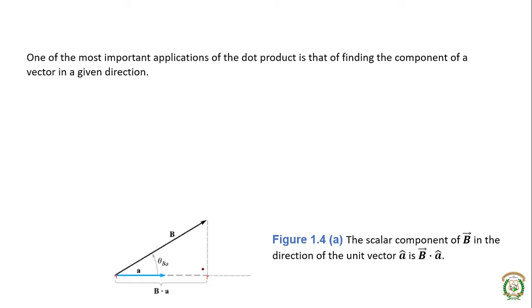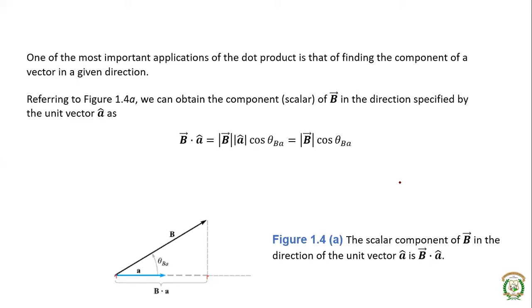This can be easily found by finding the dot product of the vector b and the unit vector a. It is the dot product of vector b and a, that is b dot a. So b dot a is the magnitude of b multiplied by the magnitude of a multiplied by the cos of the angle between them, theta b a. The magnitude of a is 1, that is a unit vector.